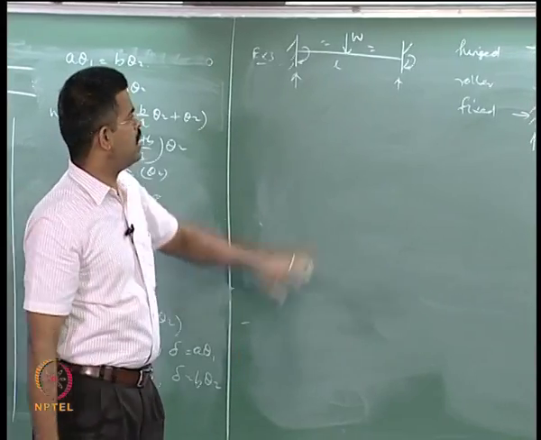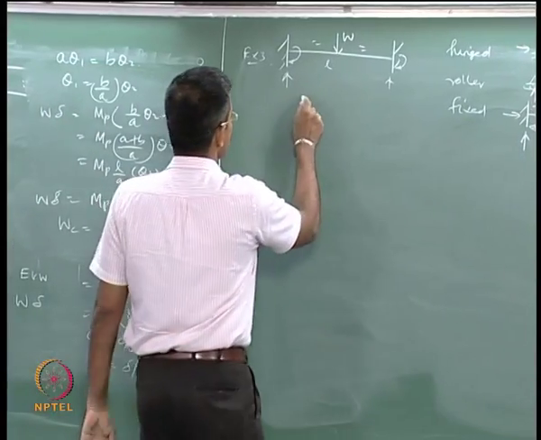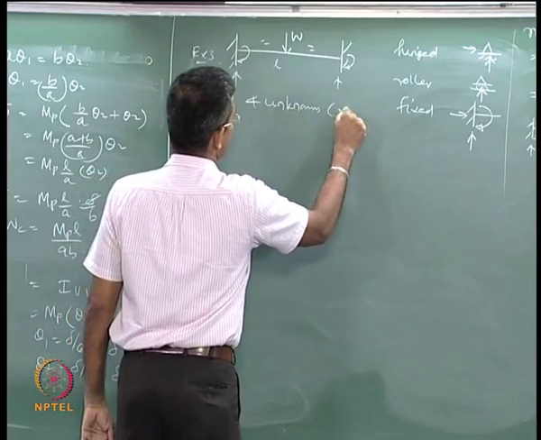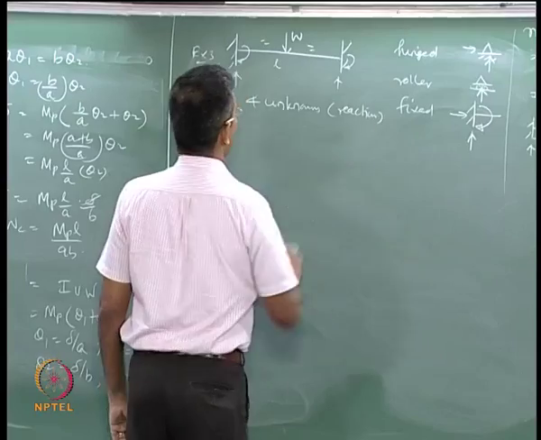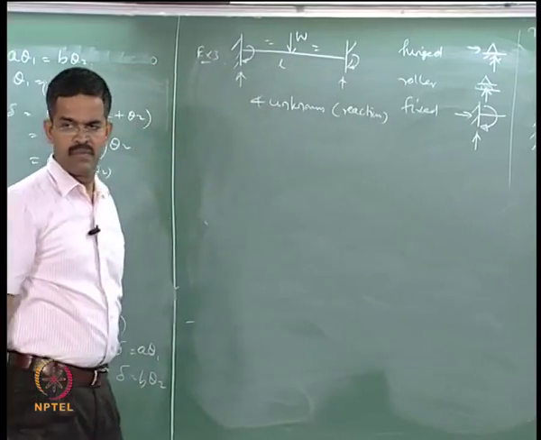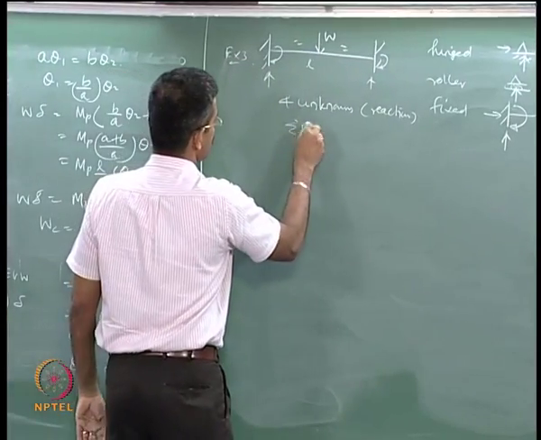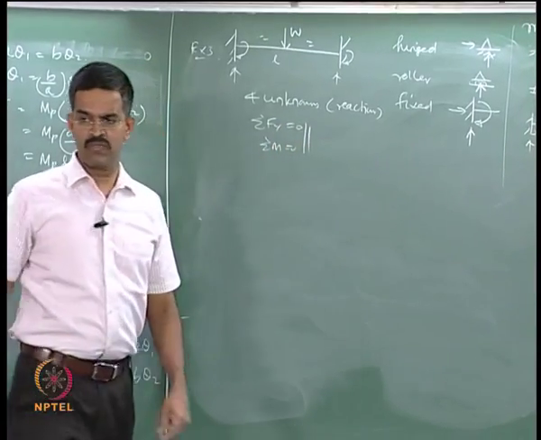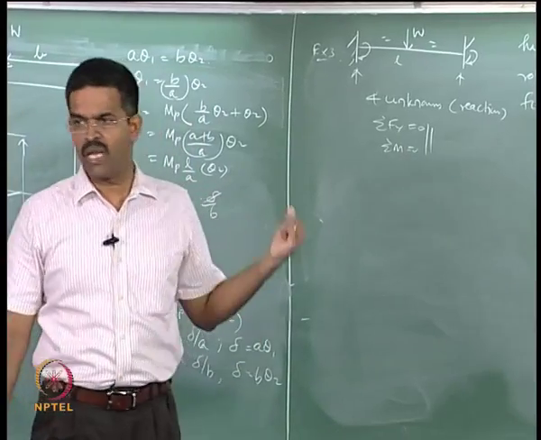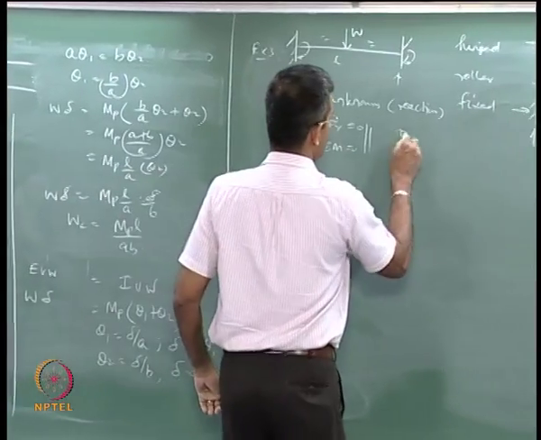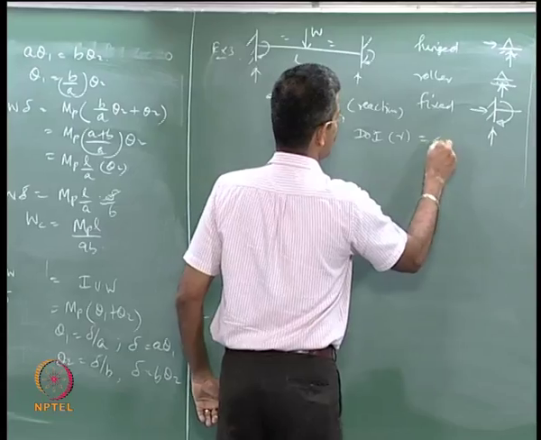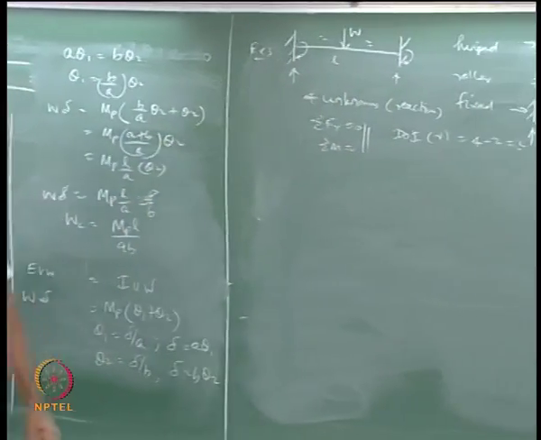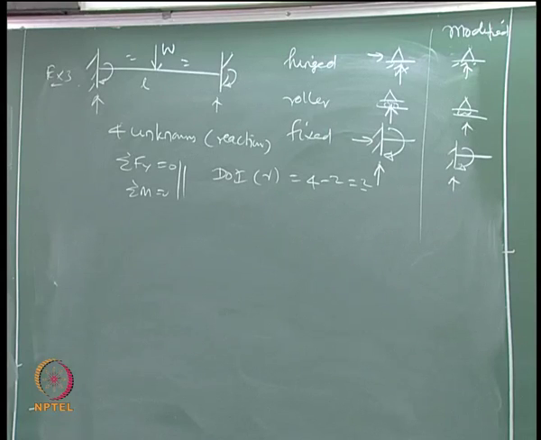Okay. How many equilibrium equations do I have? There are 4 unknowns which are reactions. I am neglecting the axial deformation. So, 2 equations I have, sigma Fy 0, sigma M 0. These are 2 sets of static equations of equilibrium which I can apply here. Therefore, degree of indeterminacy, which I call as R, is 4 minus 2, which is 2. So, the R value for this problem is 2. Agreed?